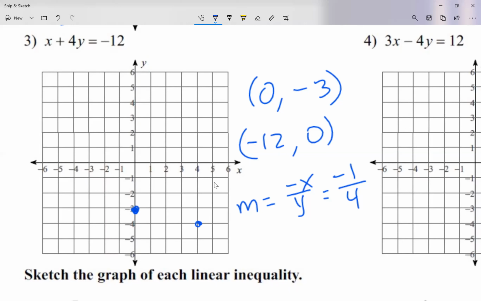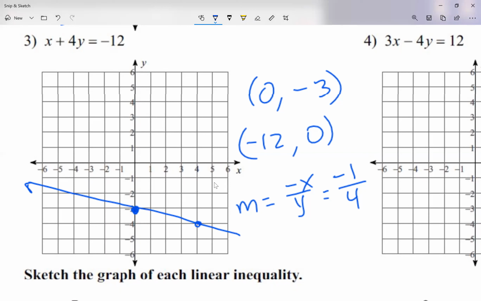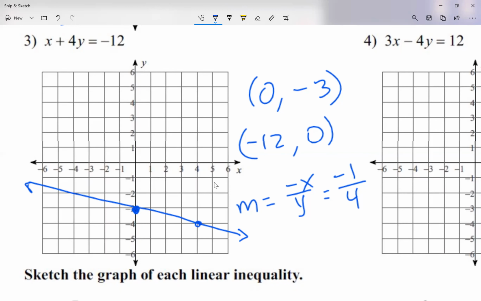Then I'm going to make a line that goes through my points. And that's it. So standard form gives me 2 points and a slope. If you can draw the 2 points, use the 2 points. But if you cannot draw one of the 2 points, then use the slope.